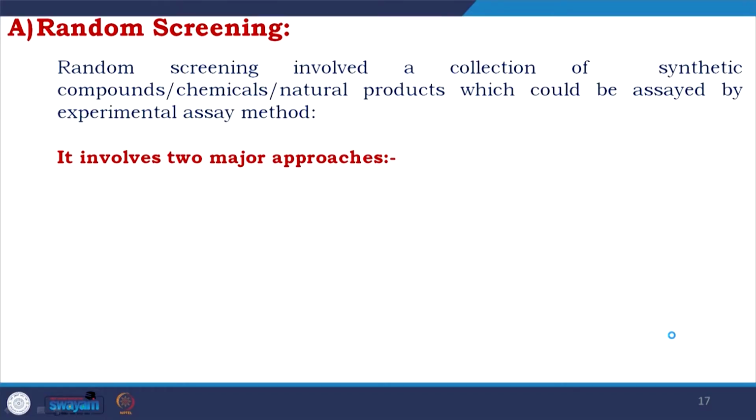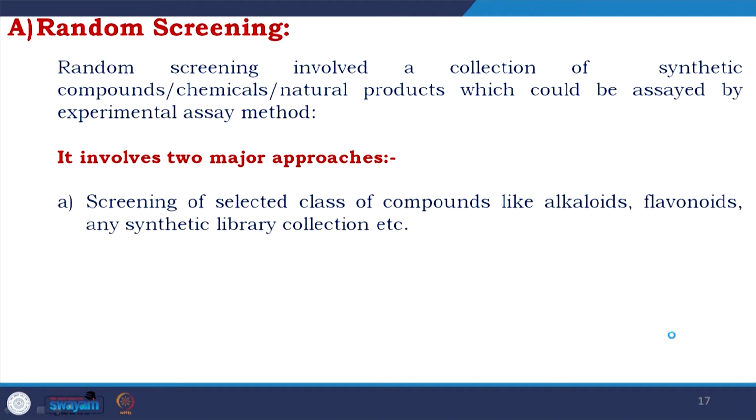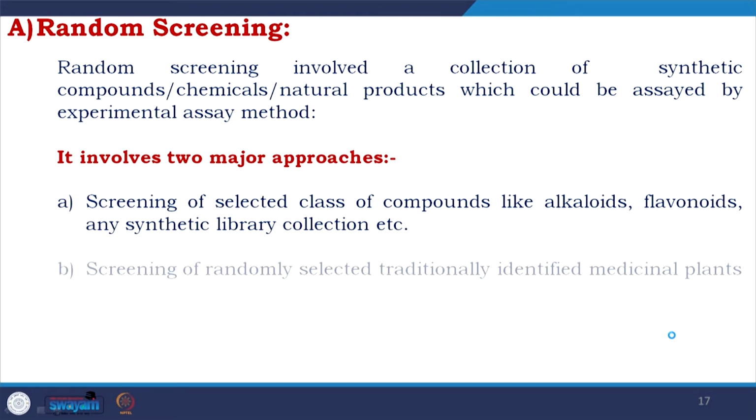It involves 2 major approaches. 1. Screening of selected class of compounds like alkaloid, flavonoids, any synthetic library collection, or screening of randomly selected traditionally identified medicinal plants.